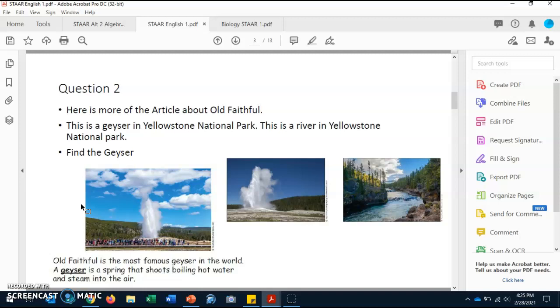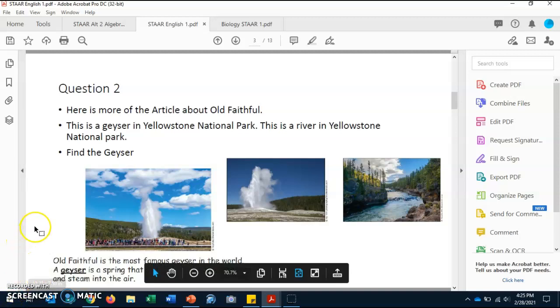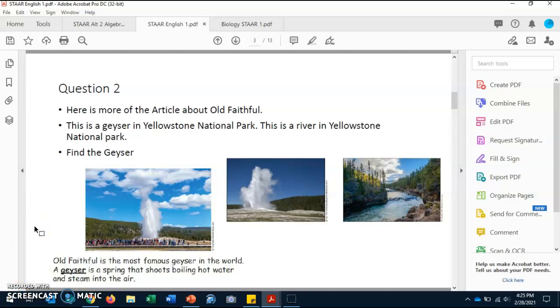Now question number 2. Here's more of the article of Old Faithful. Old Faithful is the most famous geyser in the world. A geyser is a spring that shoots boiling water and steam into the air.